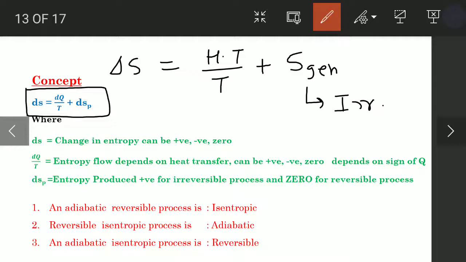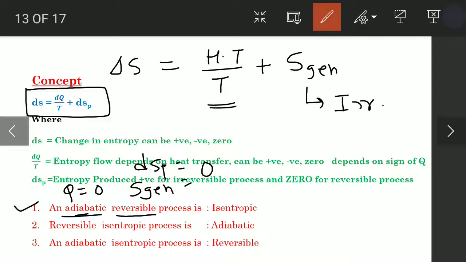Now let us see the first question. An adiabatic process in which Q is 0. Adiabatic reversible process in which entropy generation, or dS_p, is 0. Means the right hand side of this equation is 0, then delta S is equal to 0.